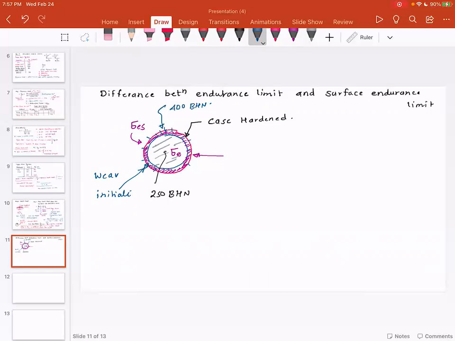So if you think about it, the wear resistance is dependent on sigma ES. So wear resistance depends on sigma ES, but the beam strength, or the core strength, depends on sigma E. So that's why we use two different values for the wear.